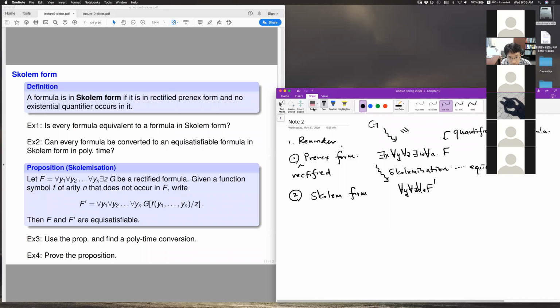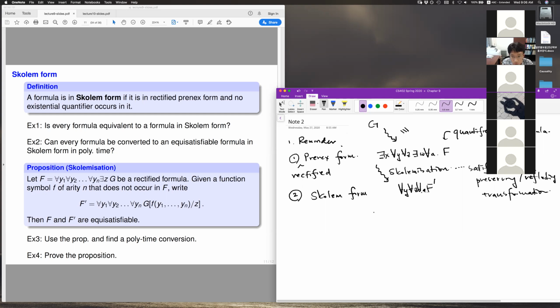I think maybe the right terminology is a satisfiability preserving and reflecting transformation. Which means that if we do this, the original formula is satisfiable precisely when the new formula is satisfiable. Their meanings are related, but they are not equivalent.